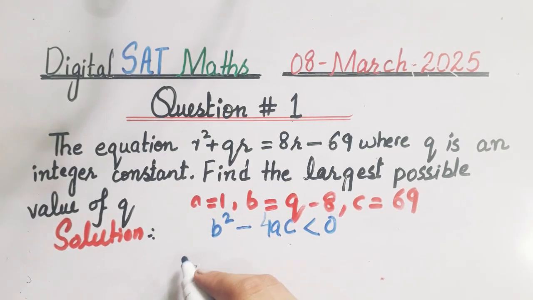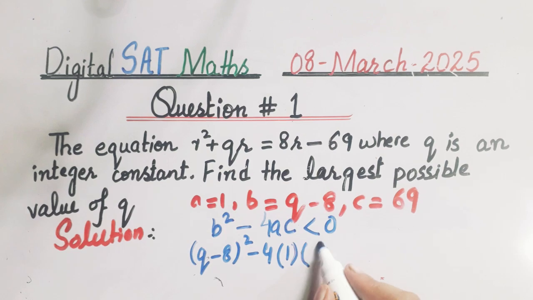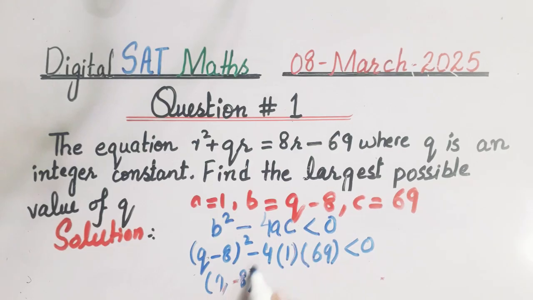b squared means (q minus 8) squared, minus 4 into the value of a, which is 1, and c, which is 69, that is less than 0. So we get (q minus 8) squared minus 69 into 4, which is 276, less than 0.